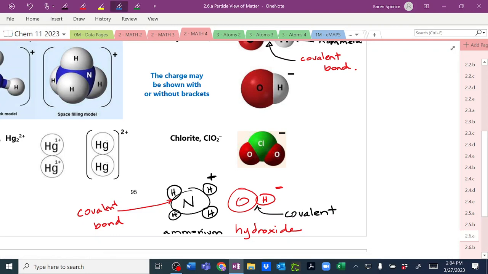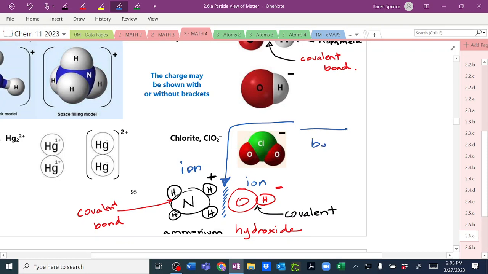There is also a bond in between the ammonium ion and the hydroxide ion. What type of bond is that bond that's in between the two ions? That is an ionic bond, yes. In between two ions, you have an ionic bond. Shocking, right?